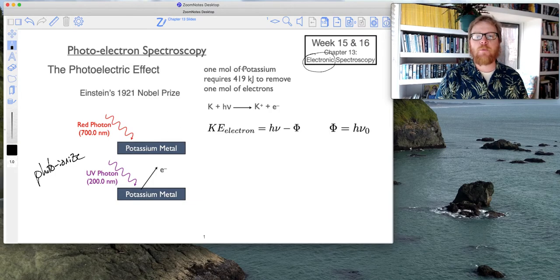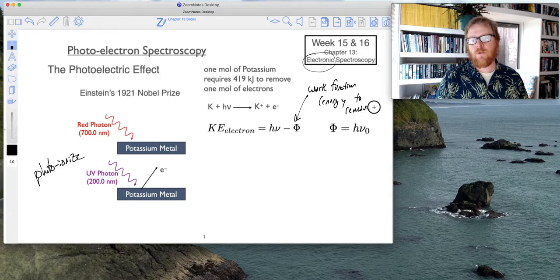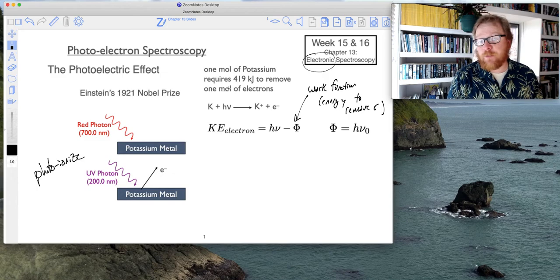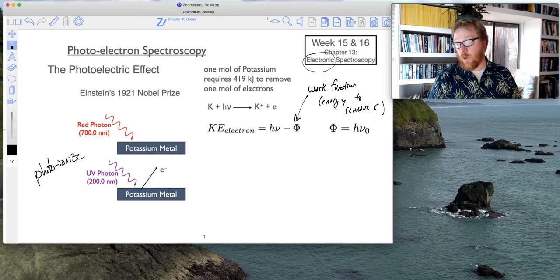Okay, so if we look at the work function phi, which if you recall, that's the energy required to remove an electron, the work function for potassium is 419 kilojoules per mole.